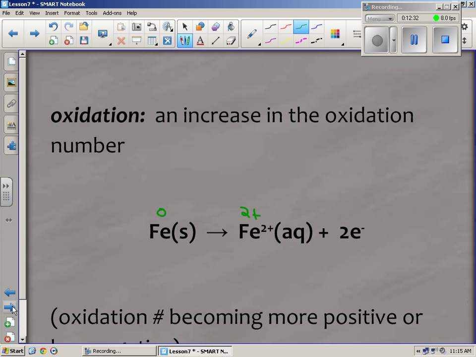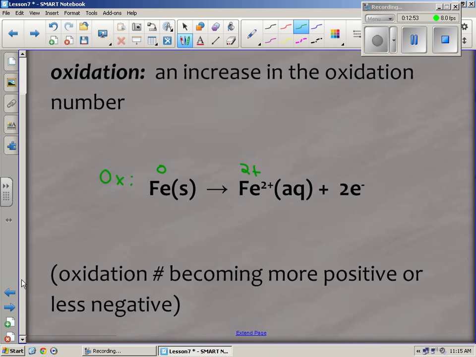How does iron become iron 2 plus? We have to lose electrons, or write them on the right-hand side. Therefore, this would be an oxidation half reaction. You're going up in charge, so it's being oxidized, 0 to 2 plus.